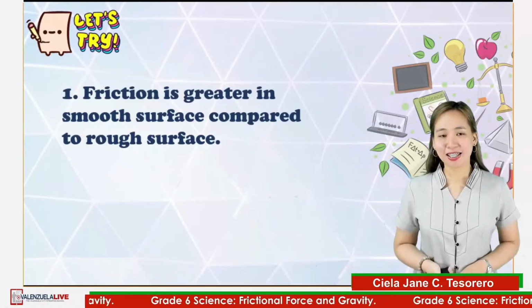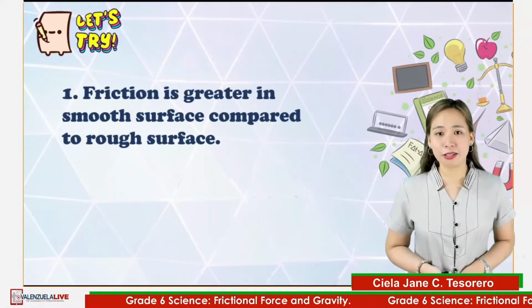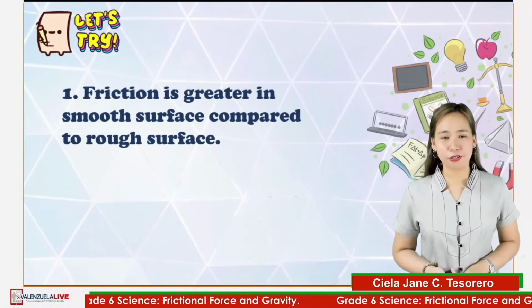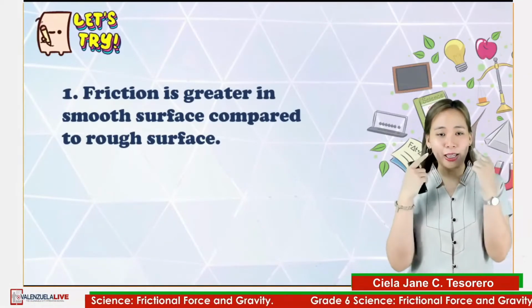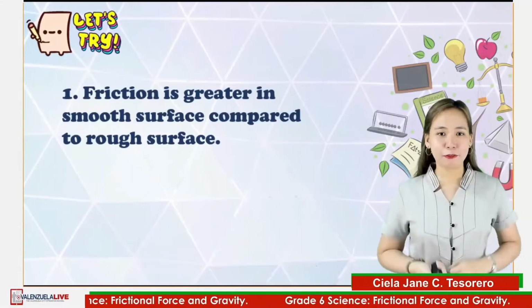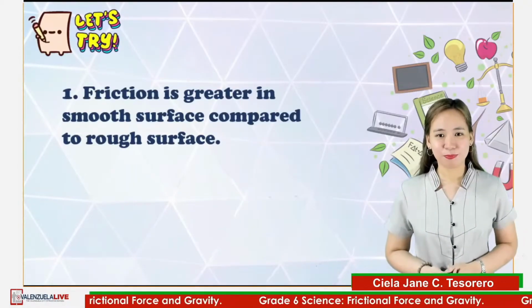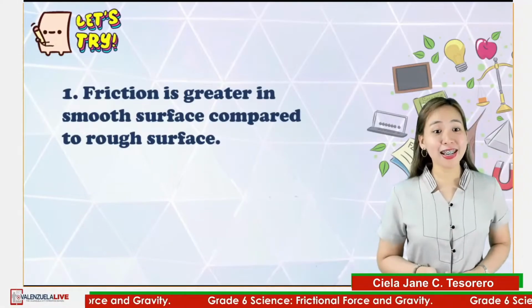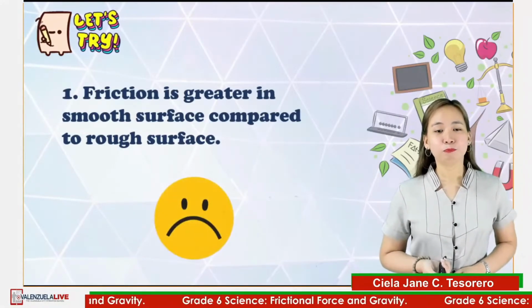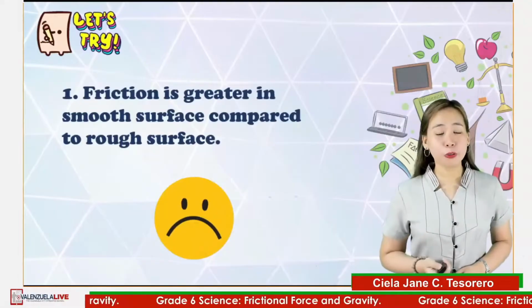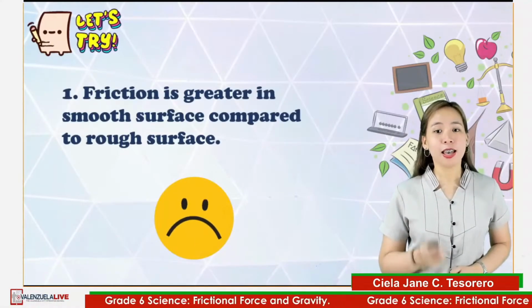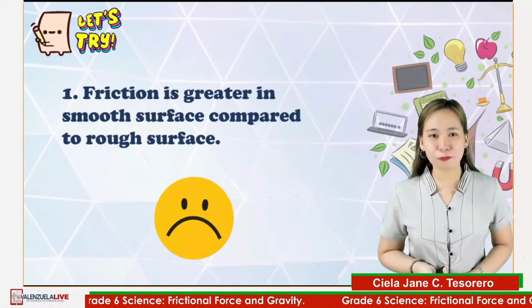First one. Friction is greater in smooth surface compared to rough surface. A smiley or a sad face? The answer is sad face. We know that friction is lesser in smooth surface and greater in rough surface.